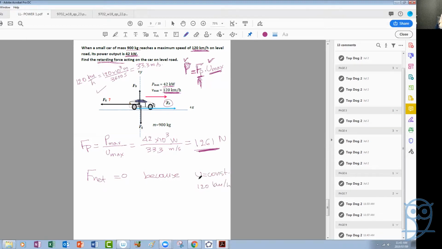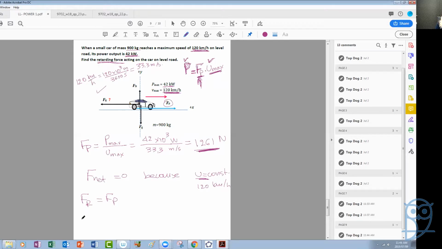So because this is constant, we know that the net force acting on the car is zero, which means that the forces acting on the left are equal to the forces that act on the right, which means that the retarding force is equal to the propelling force acting on the car.